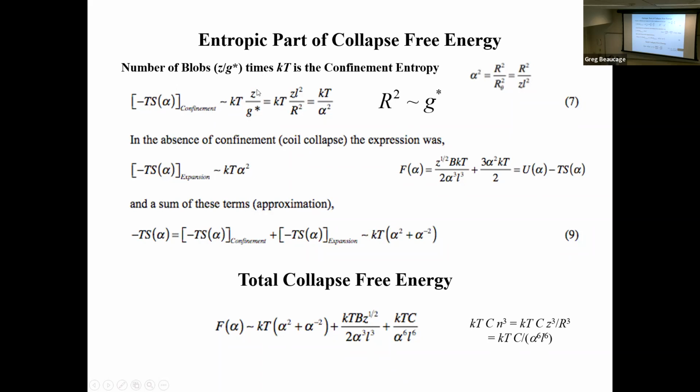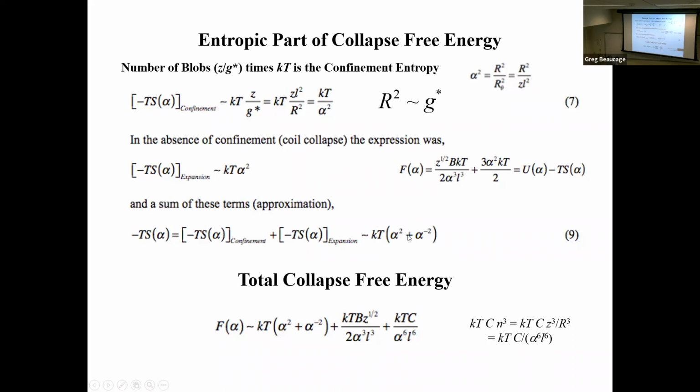Then from this analysis of this blob thing, he gets this 1 over alpha squared thing. Right, and then you have this expression alpha squared plus alpha minus 2. And you also have, which would account for expansion, which is alpha squared, confinement, which is minus 2. They're backwards here. But so basically, you have confinement and expansion.